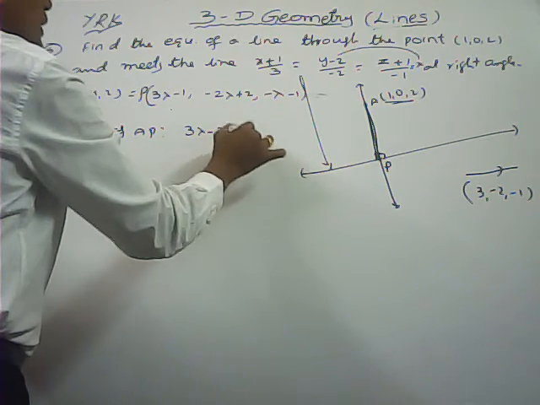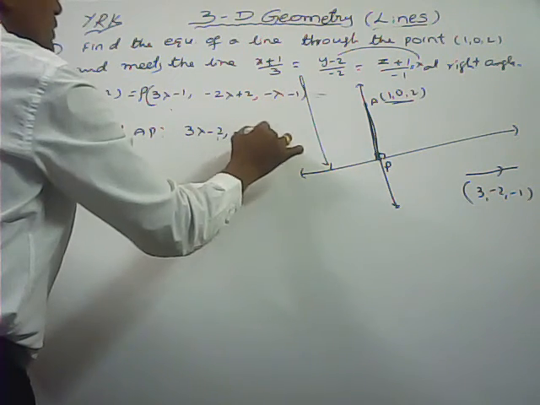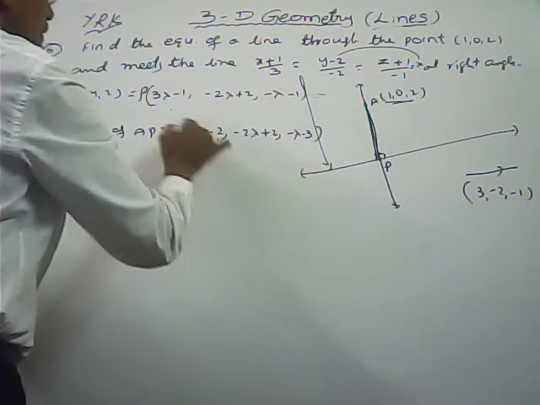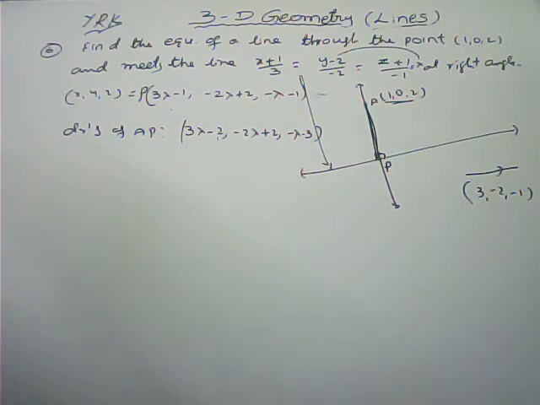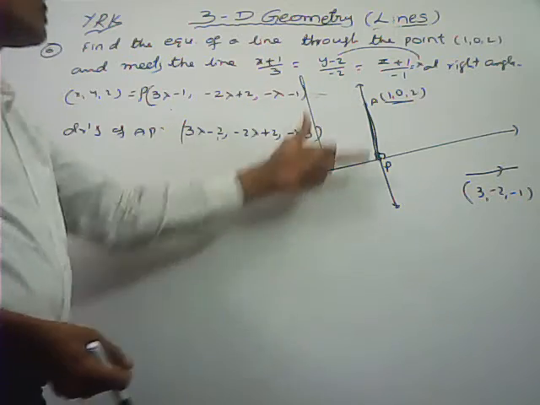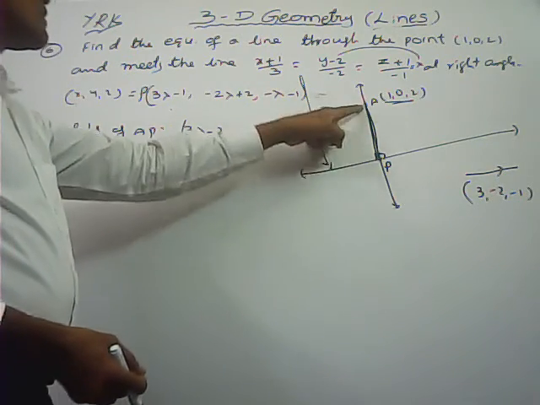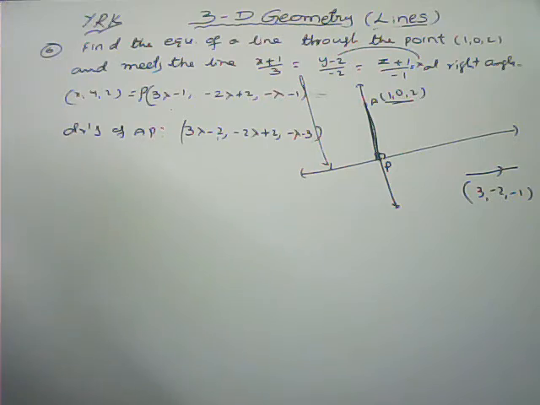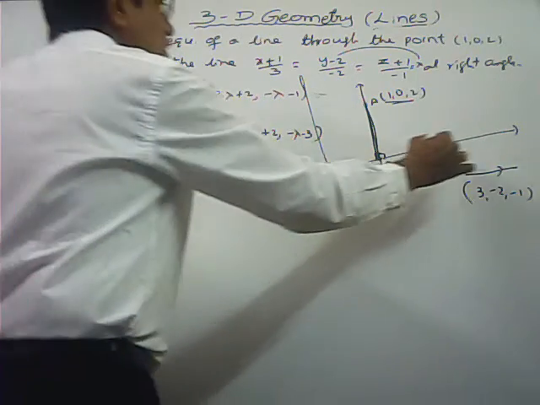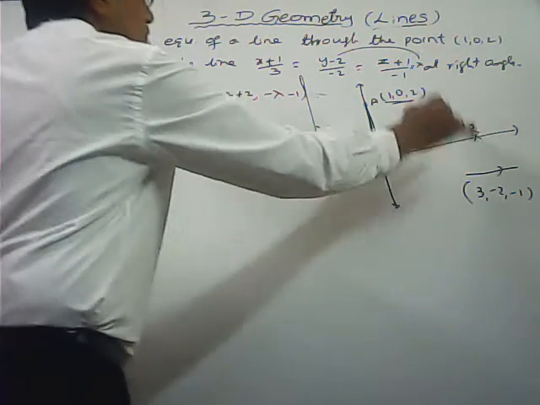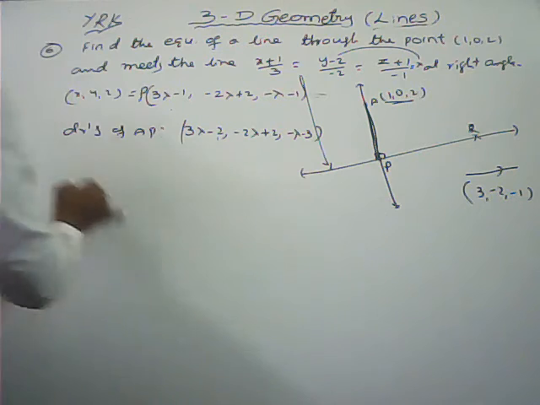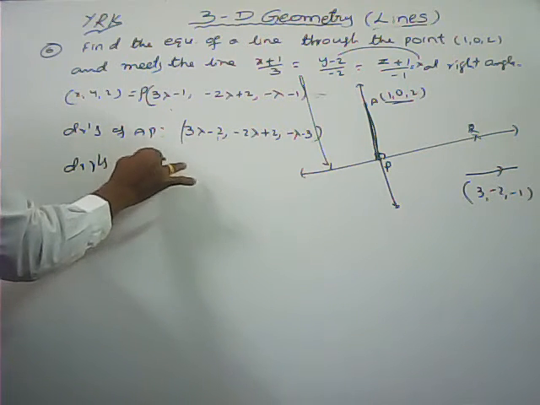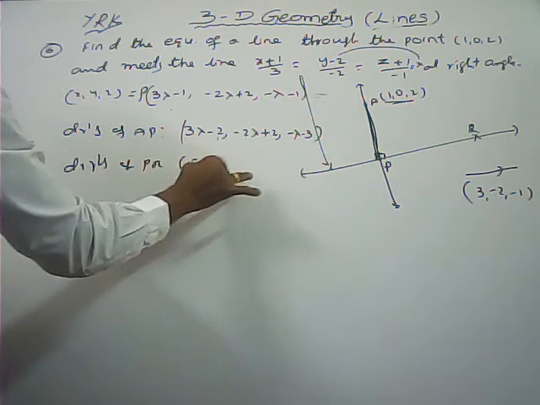Here, what are the coordinates of P? This one only. Then, y2 minus y1: minus 2 lambda plus 2 minus 0, that is plus 2 only. And z2 minus z1: minus lambda minus 1 minus 2, that is minus 3. These are the DRs of AP. The DRs of a line passing through 2 points are x2 minus x1, y2 minus y1, z2 minus z1. And DRs of PR, here I am taking R, DRs of PR are 3, minus 2, minus 1.